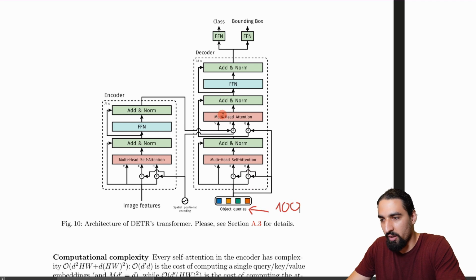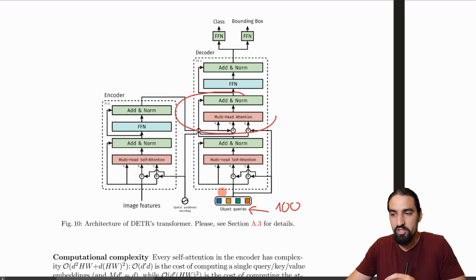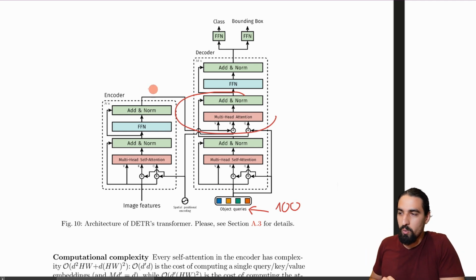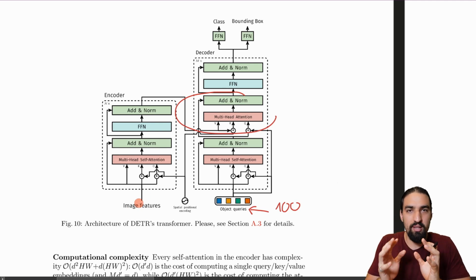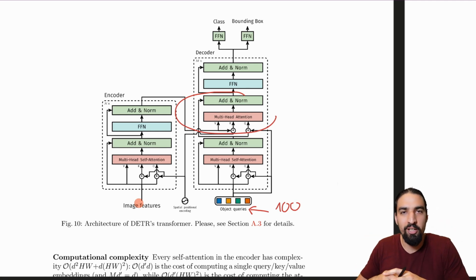And you can see here that in this middle layer of the transformer layer, we have cross attention going on. So each of these object queries is attending to this encoded version of the image features, and each of them is looking for something in the image. So that's how, on a high level, obviously very hand-wavy, this pipeline works.